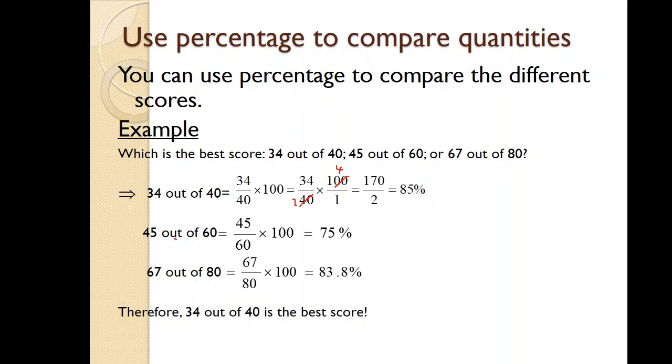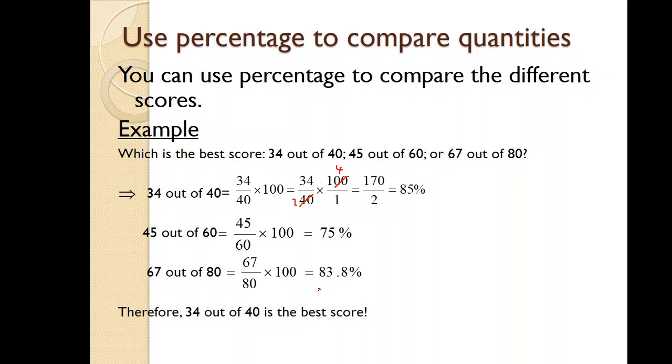If you look at the second test, 45 out of 60, you can write that as a fraction, 45 over 60, multiplied by 100, and you get 75 percent. Then the last test, you can write that 67 as a fraction over 80. Then you multiply it by 100.